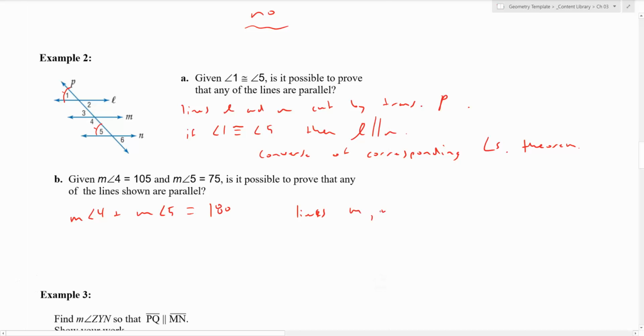So lines M and N cut by transversal P, such that, what kind of angles are these guys? Consecutive interior angles, such that consecutive interior angles are supplementary.